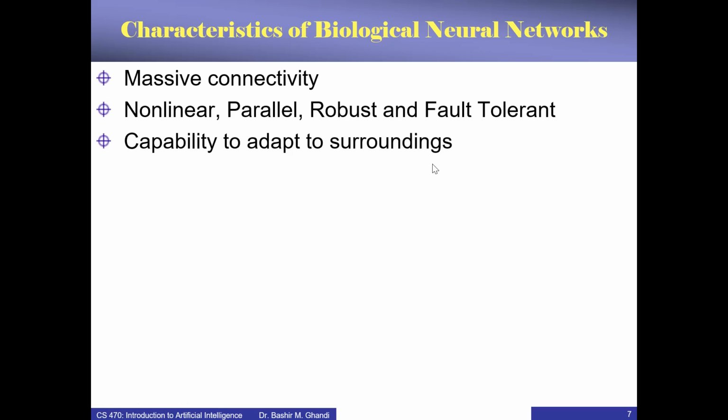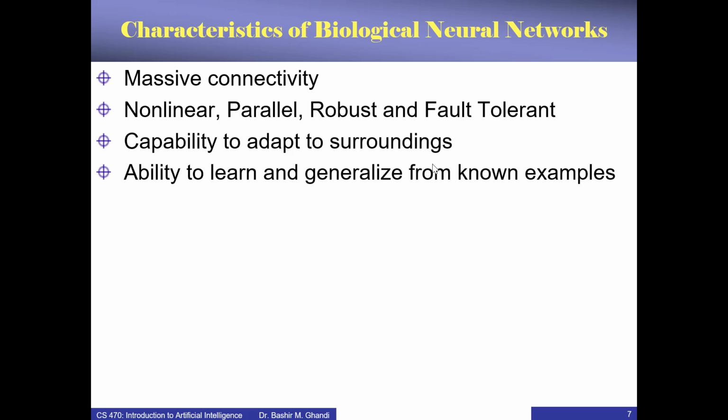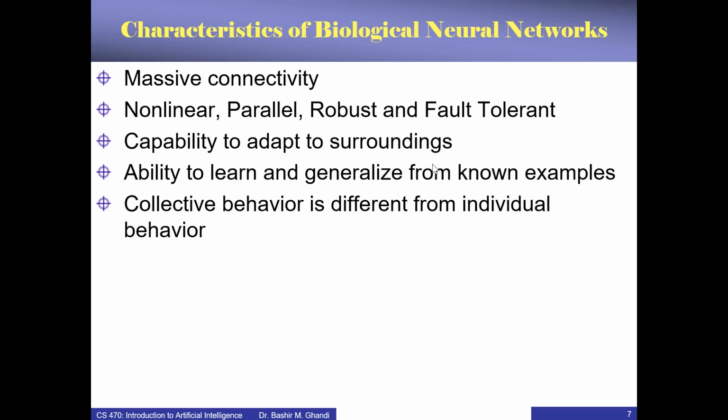There is the capability to adapt to surroundings. Humans are very good at adapting to the environment in which they are. Ability to learn and generalize from known examples. And the collective behavior is different from individual behavior. We just saw the way a single neuron works, but that doesn't explain how the whole system works to achieve intelligence.